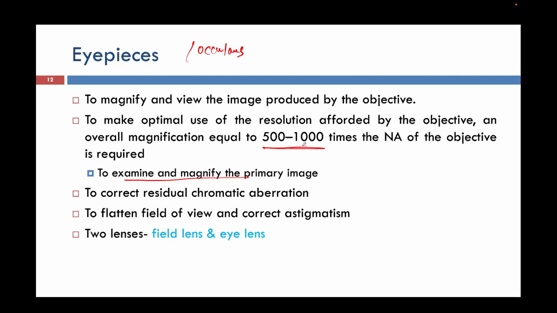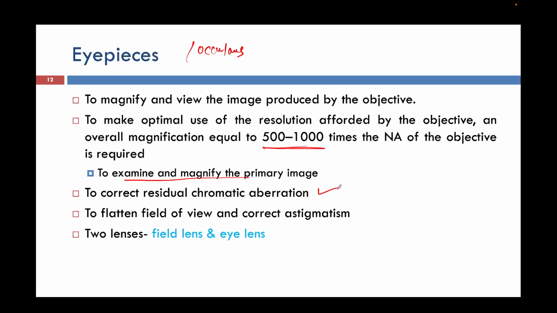Also, these eyepieces are sometimes used to correct the residual chromatic aberration. We have designed our lenses in such a way that the chromatic aberration is minimized, but still chromatic aberration will always be there. Even when you go further to the electron microscope, these aberrations, spherical aberration and chromatic aberration, will still be there. You can completely remove the spherical aberration, but you cannot remove the chromatic aberration.